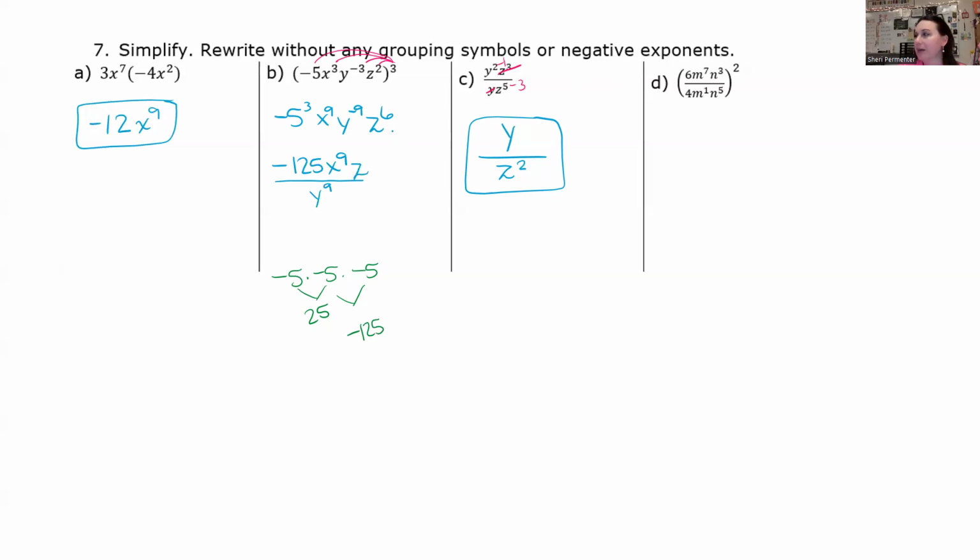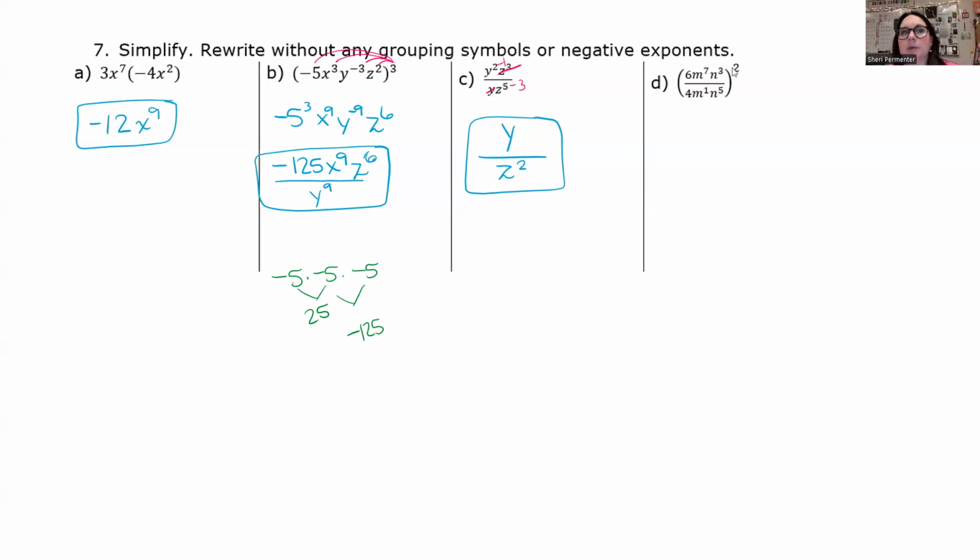You only have to rewrite stuff if it has a negative exponent. So if it's a negative, we put it on the bottom. Or if it was in the bottom, you put it in the top.